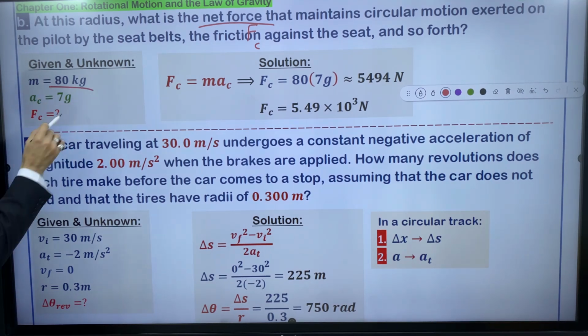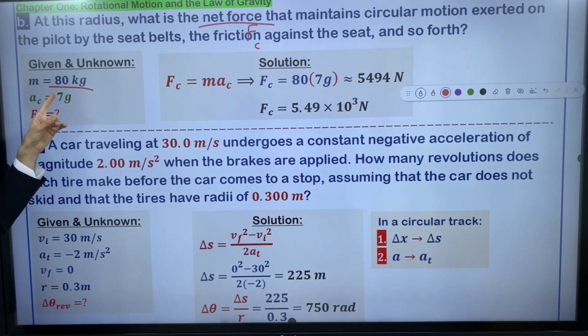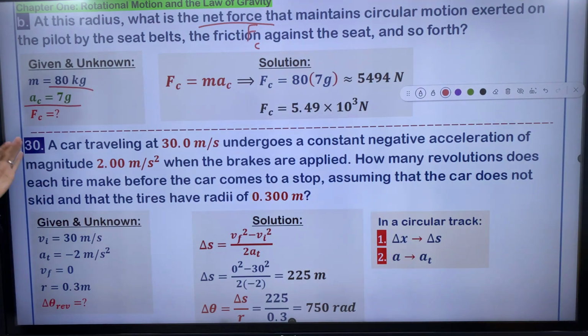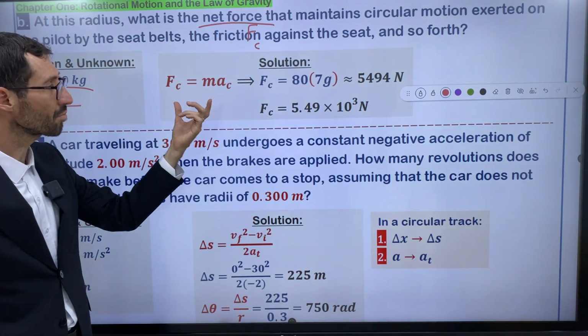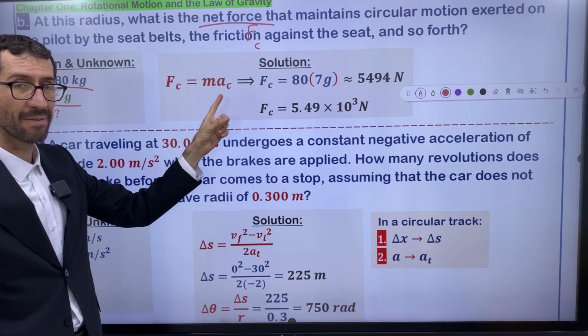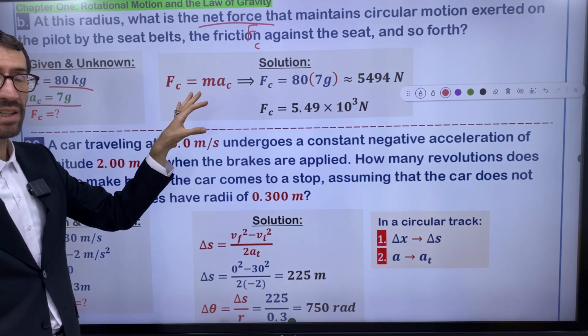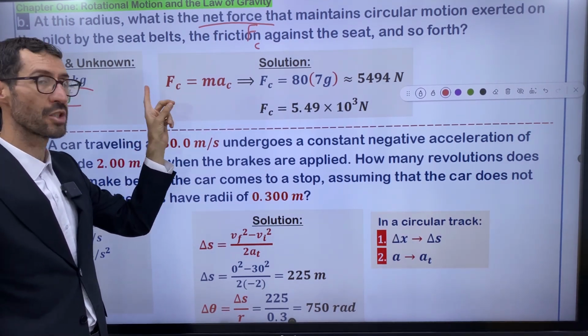We have some information here. M is equal to 80 kilograms. AC is equal to 7G. You see the previous condition. You have to apply this condition. It's very important. And we look for F. F is equal to M AC, right? This is Newton's second law for centripetal force.